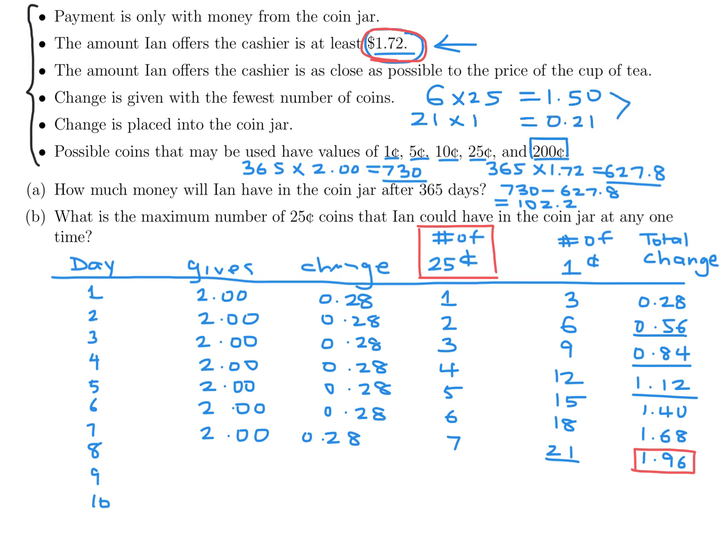And that still would not be enough. That'd be 171. He'd still be shy. So he has to give 7 quarters, which is 175. And then his change would be 3 cents this time. This would drop down to 0 since he's given all his quarters away. And this would go up to 24.